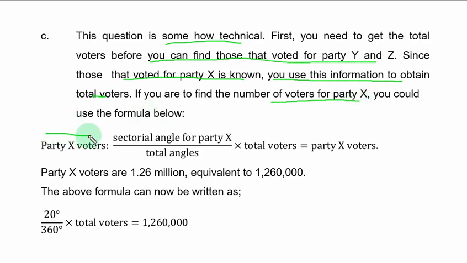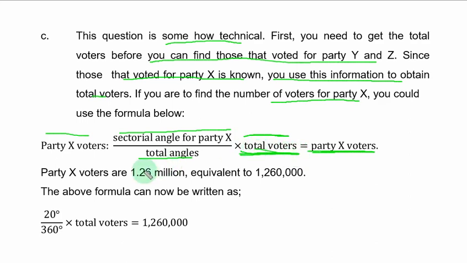Party S voters, you obtain using the sectorial angle for party S over total angles times total voters. But now you have party S voters but need total voters. The same expression can help us to get total voters if you make it the subject.